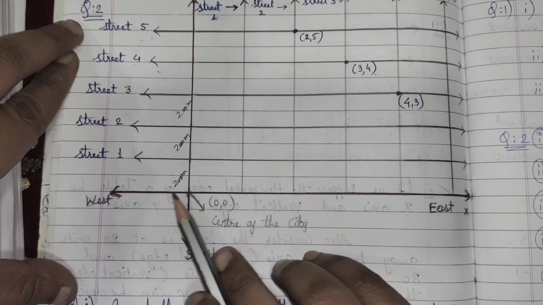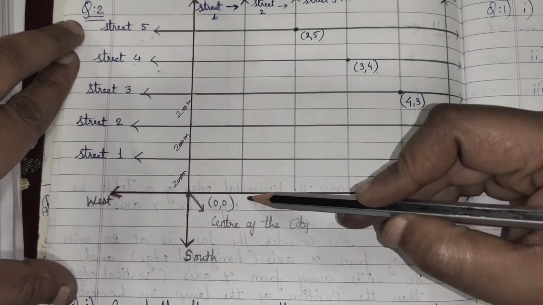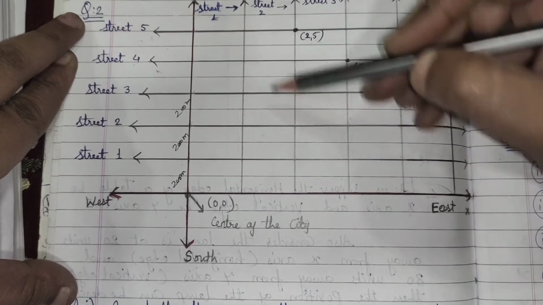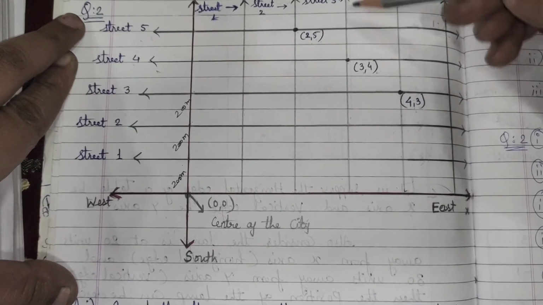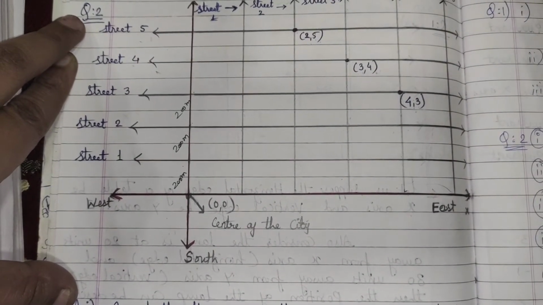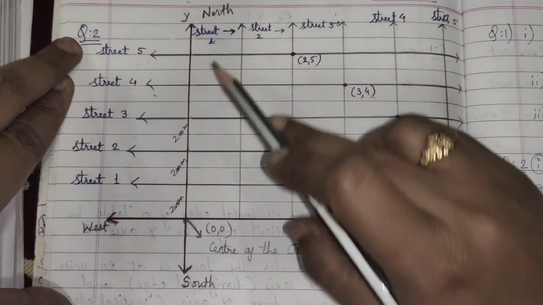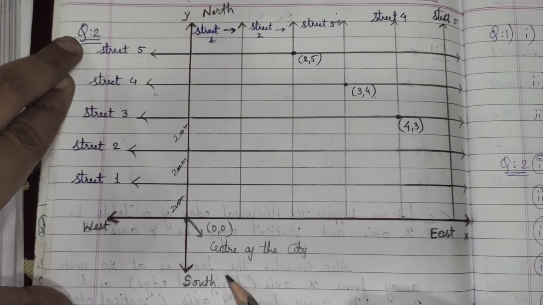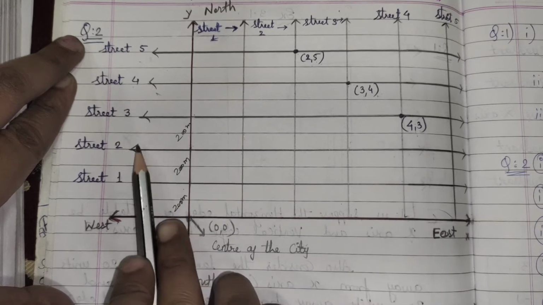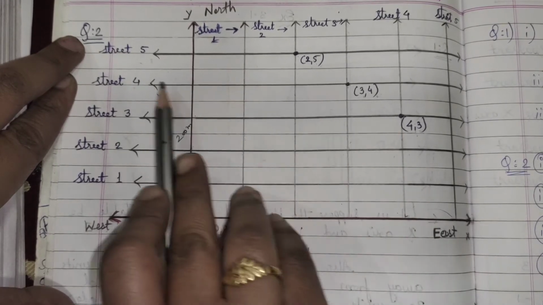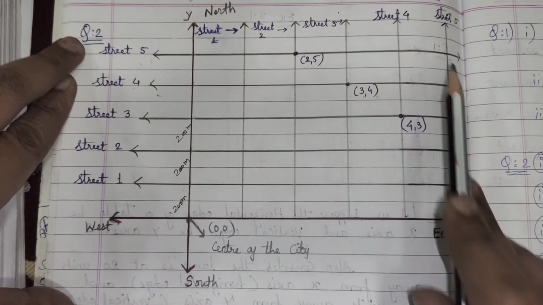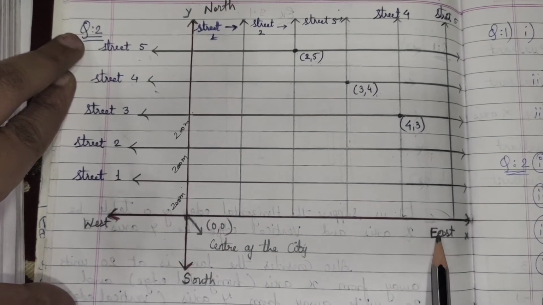Same for the east-west road. So 5 roads: this is street 1, street 2, street 3, street 4 and street 5 of north-south direction, and street 1, street 2, street 3, street 4 and street 5 of east-west direction.